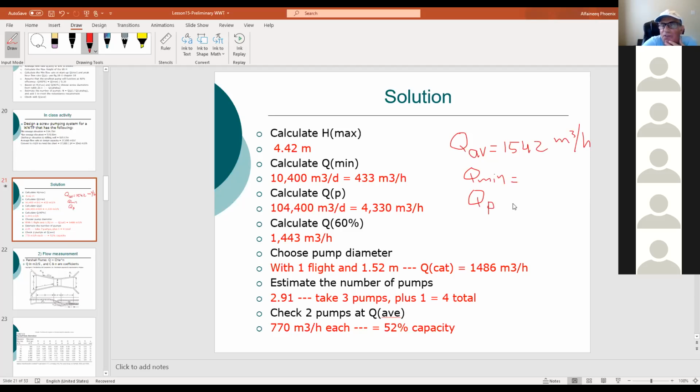You understand that, right? Now, according to some recommendation based on the population served, I think here I took 0.28. And for this, I think 2.8, almost 3 times the average. Check that, please. Is that correct?